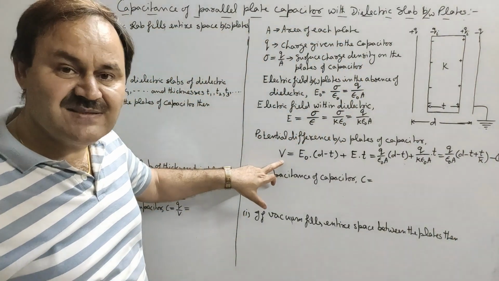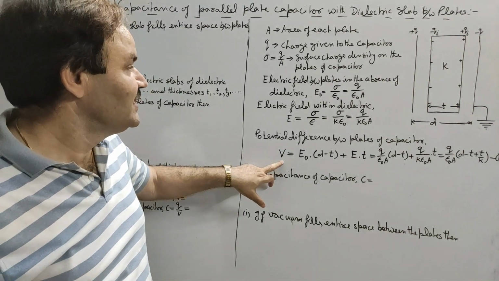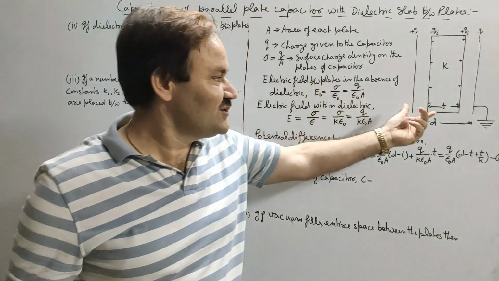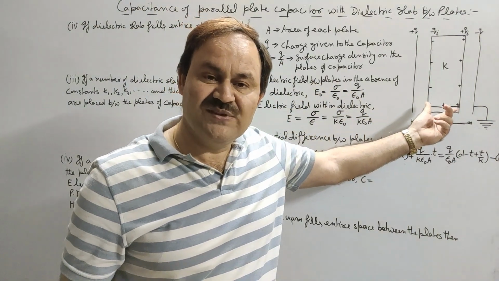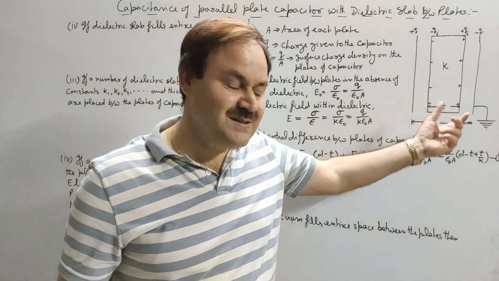Now we have obtained the potential difference produced across the plates when charge Q is given to it in the presence of a dielectric slab of thickness t and dielectric constant K between its plates.